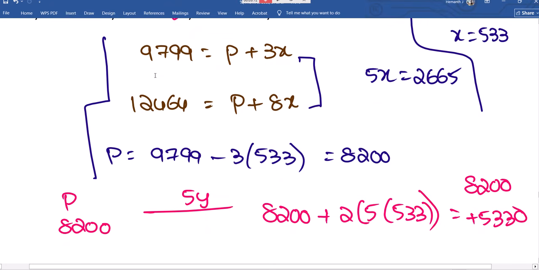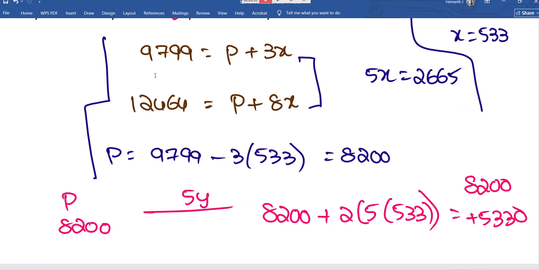Maybe in one of my previous videos I calculated the rate of interest, but that depends on time and things, a different process. They're not asking what the rate of interest is. We can calculate it, I'm not saying no, but it's a waste of time. If the rate of interest or time doubles, the interest will double.